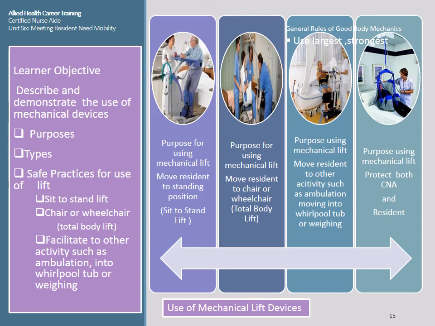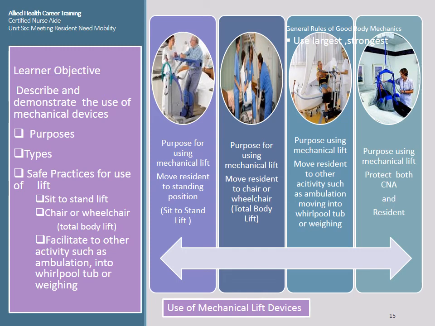Now we're going to talk about moving a resident to a chair or a wheelchair with a total body lift. This is a device that is going to lift the whole person up into the air and then move them from one position to another. Again, you must check the care plan to see what lift is to be used on the resident.